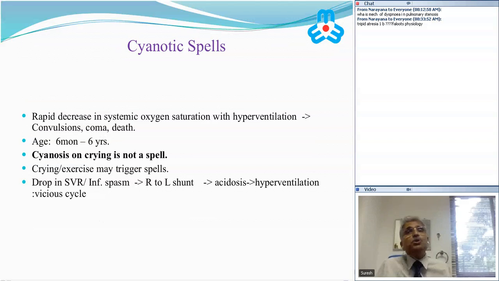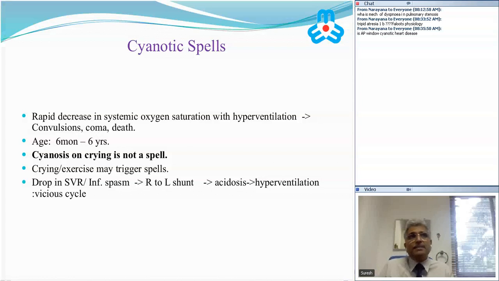One of the most dramatic things that happens to a child with cyanosis and reduced pulmonary blood flow is a cyanotic spell. A cyanotic spell is a rapid decrease in systemic oxygen saturation accompanied by hyperventilation. Mind you, there are two defining features. There is a rapid, I would say dramatic, decrease in the systemic oxygen saturation.